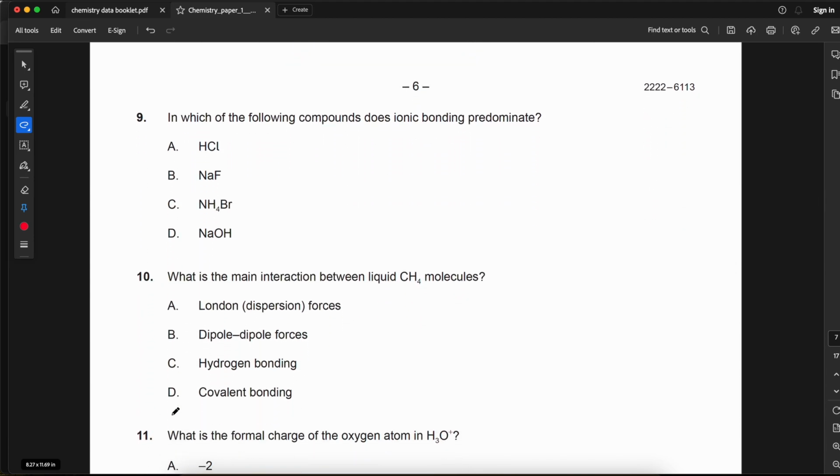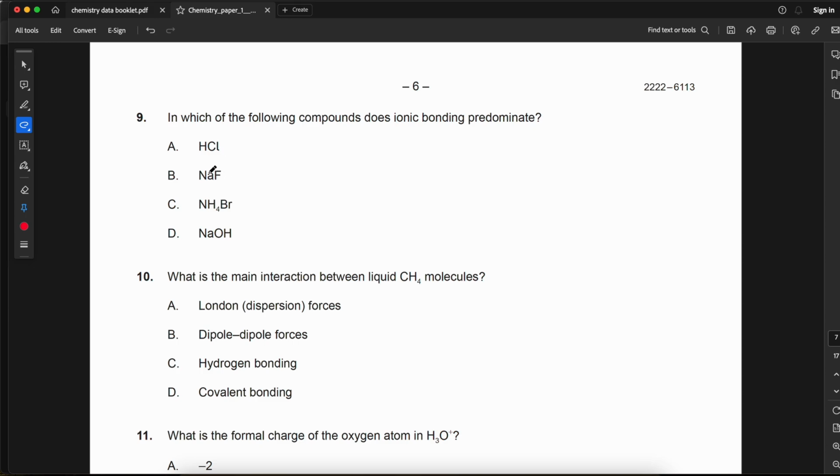In which of the following compounds does ionic bonding predominate? So HCl has a covalent bond, sharing electrons between H and Cl. Both of them are non-metals. And NaF is ionic.